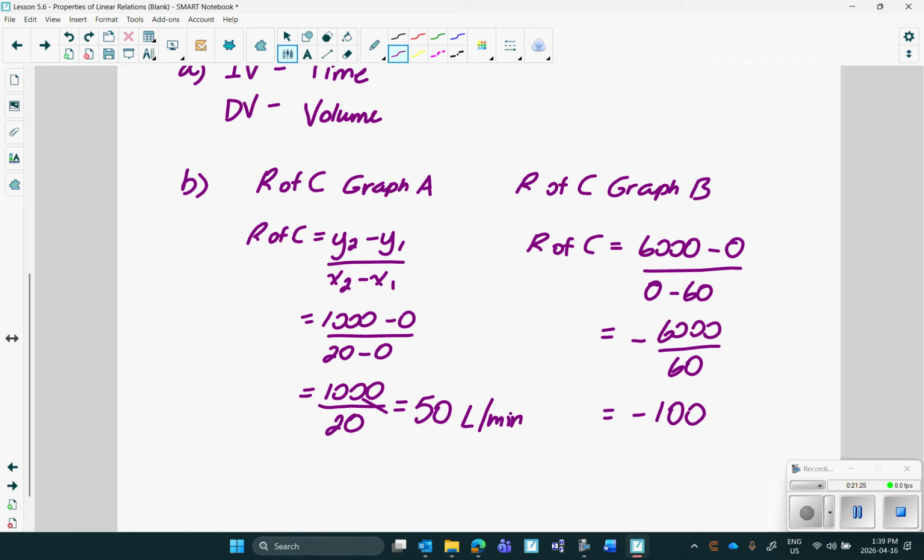What are the units? Liters per minute. What does the negative mean? That it's emptying, right? So it's decreasing. Whenever it's a positive rate of change, that means something's increasing. So this is filling up at 50 liters per minute. Whenever it's decreasing, something is losing quantity. So it's emptying at 100 liters per minute. Okay?